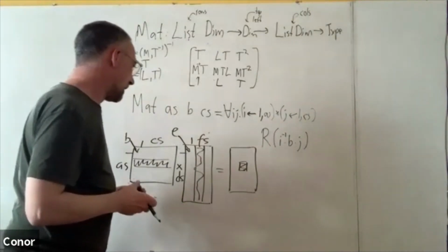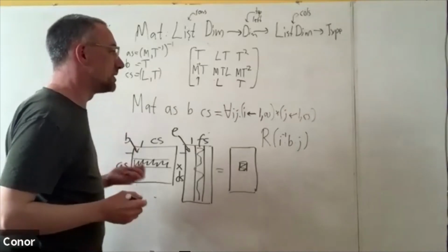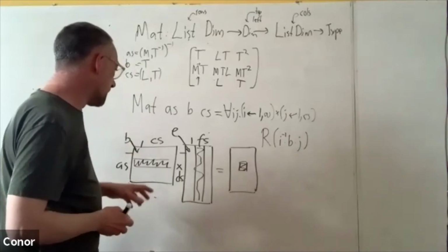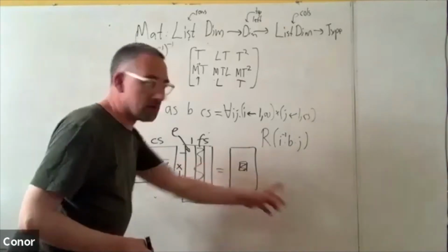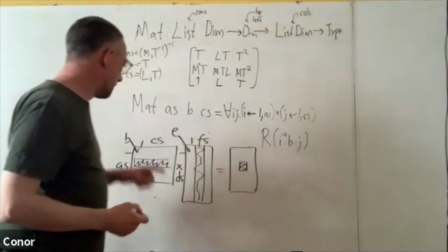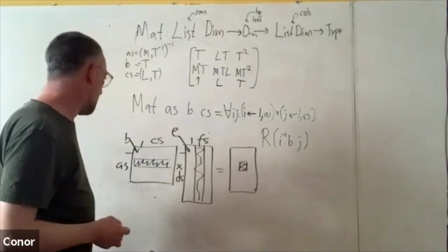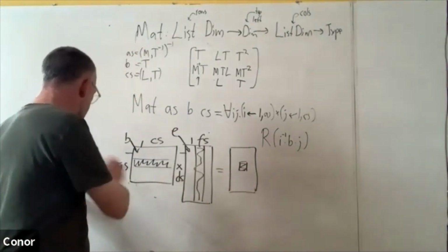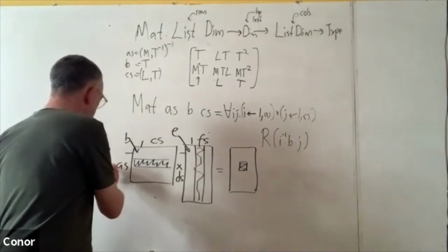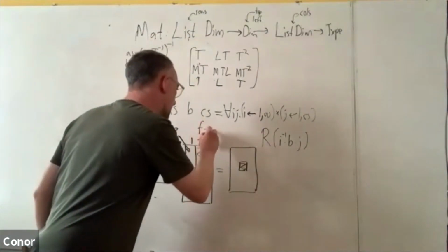Then what happens when we pick a row, we pick a column. So we're going to pick the same position in the C's and the D's. And we're going to multiply. So we're going to choose some A from A's. We're going to choose some F from F's.